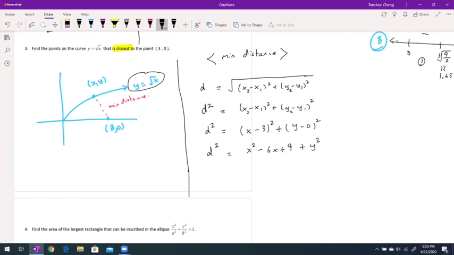So that tells us my y can be substituted for what? Square root of x, right? To get the value of y, it will be evaluating the square root of x. So therefore, my d squared will be equal to x squared minus 6x plus 9 plus my y, which can be computed as square root of x squared.